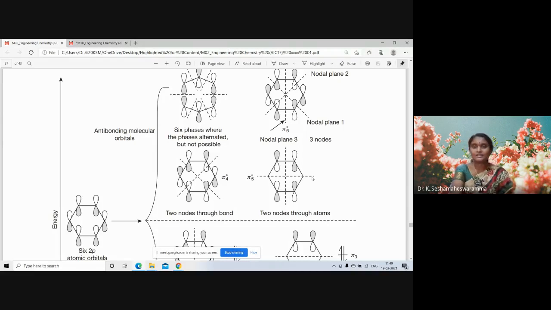Actually, sorry, this has to be through this and through this atom. This is a little wrong, you have to note it down. This carbon and this carbon will cut, then this carbon and this carbon. So, two nodes through atoms, two nodes through bond.